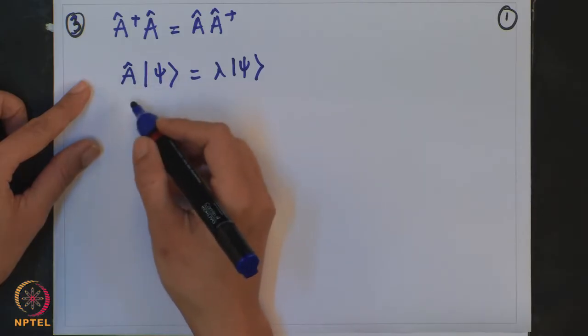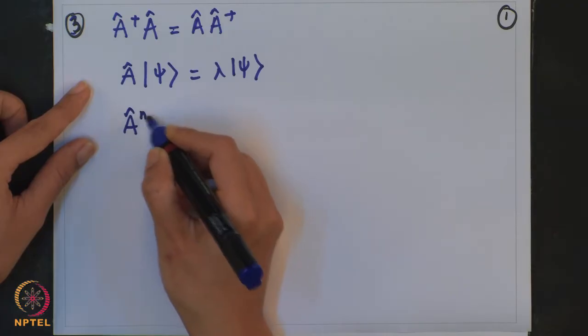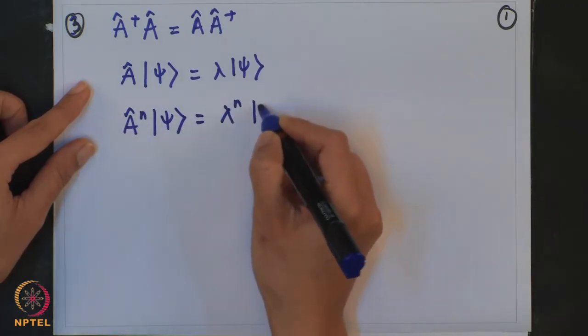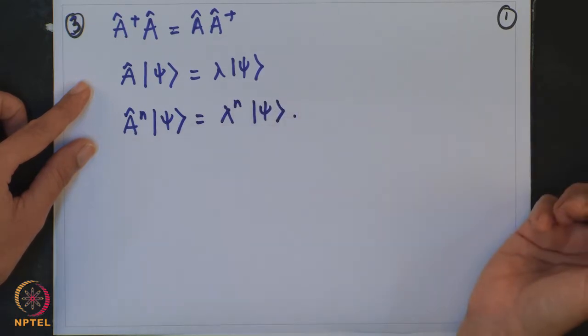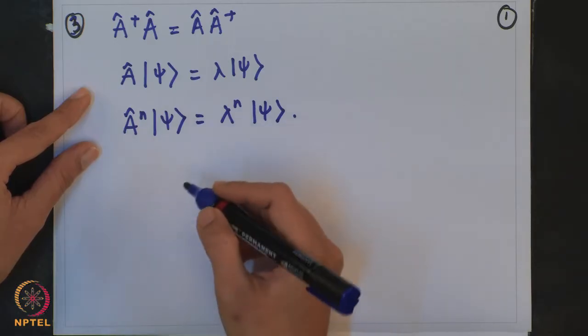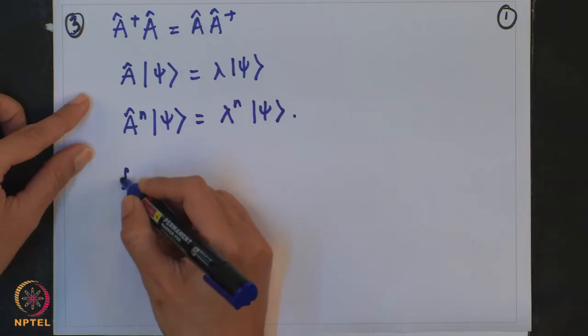So if this operator is operated n number of times, what one obtains is A^n psi_n equals lambda^n psi_n. Okay. So now this operator can be written in terms of a power series.